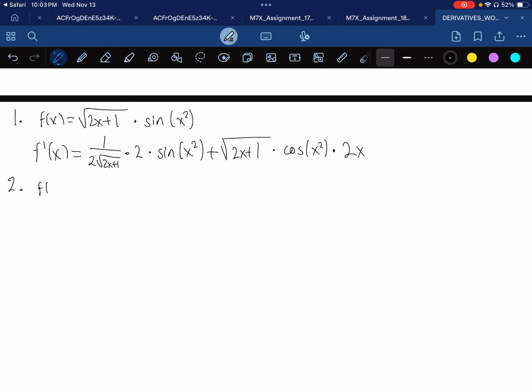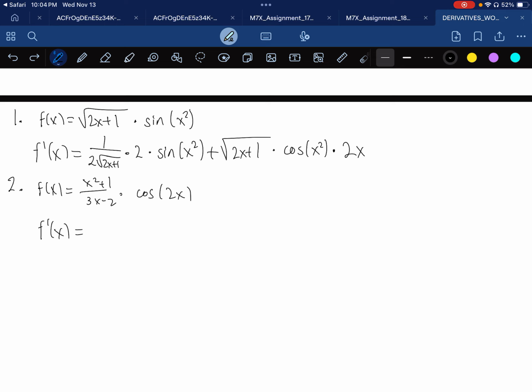Problem number two, f of x is equal to x squared plus 1 over 3x minus 2 times cosine of 2x. So in order to find f prime of x, we're going to use the following method: product rule and quotient rule. How are we going to do that? Well, first we're going to use the product rule. So we're going to find the derivative of this times that plus the derivative of that times this.